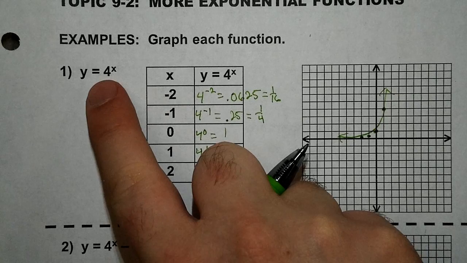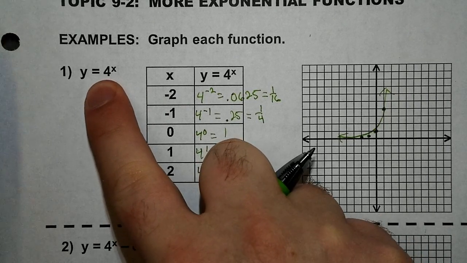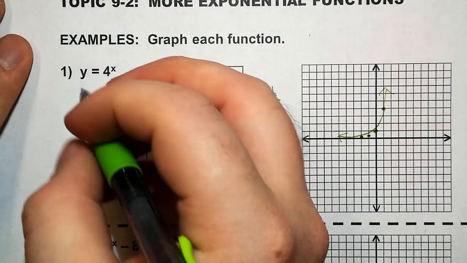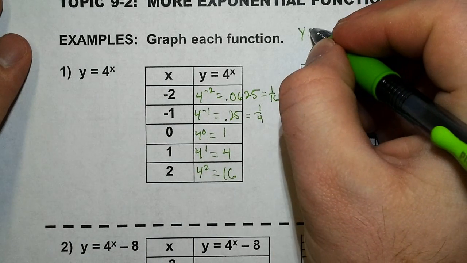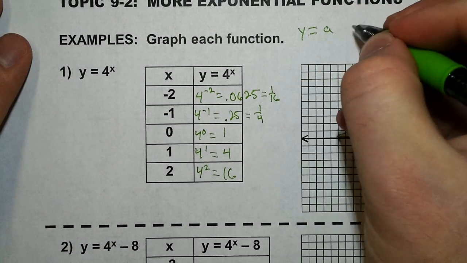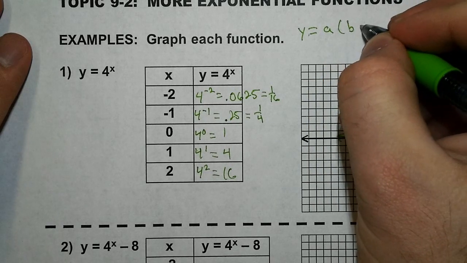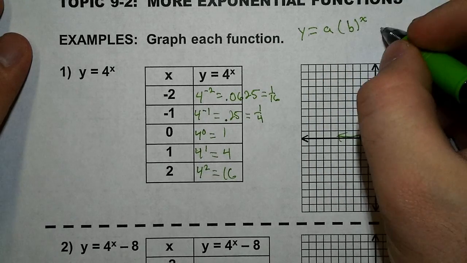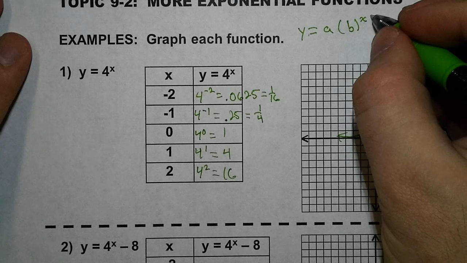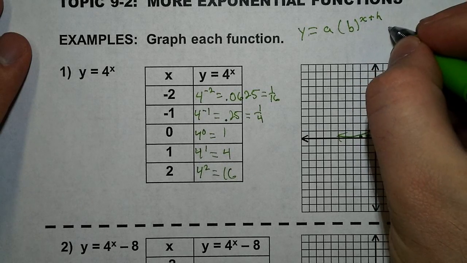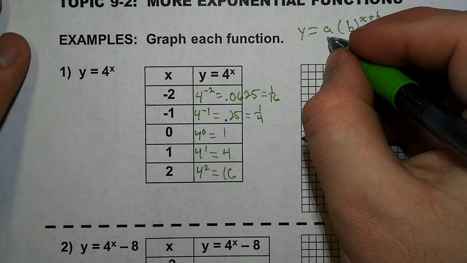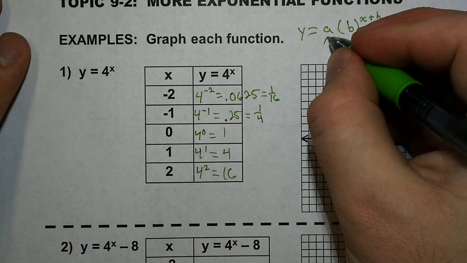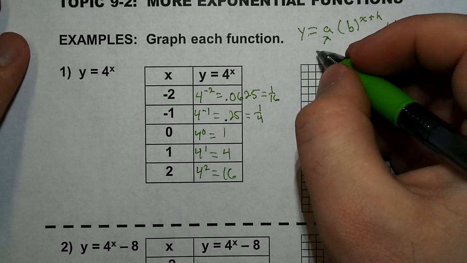Now, a few things for you to note here, because we're going to be talking about transformation, is what's happening with our equation. So first, remember, we have y equals a times b to the x, and we could have plus h and a plus k. Now we remember the a, that should be our intercept.